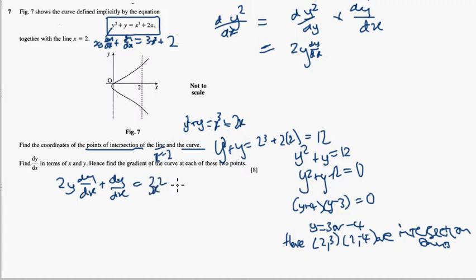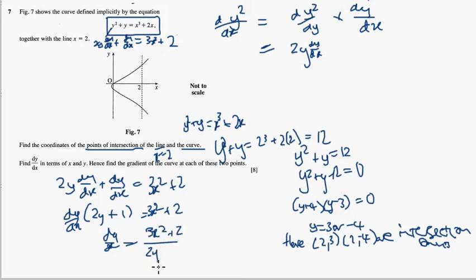Now, whenever you're trying to make something the subject and it appears more than once in your formula, you're going to have to factorize to turn 2 into 1. So to turn 2y dy by dx plus dy by dx into 1 dy by dx, we take that out as a factor, and we get dy by dx times 2y plus 1 equals 3x squared plus 2, and then divide by the 2y plus 1, and that is our expression for dy by dx.